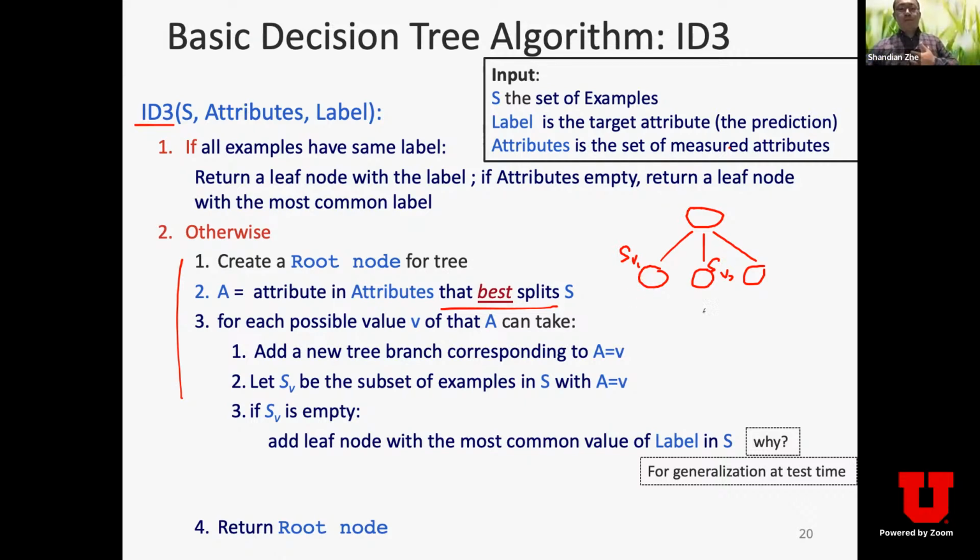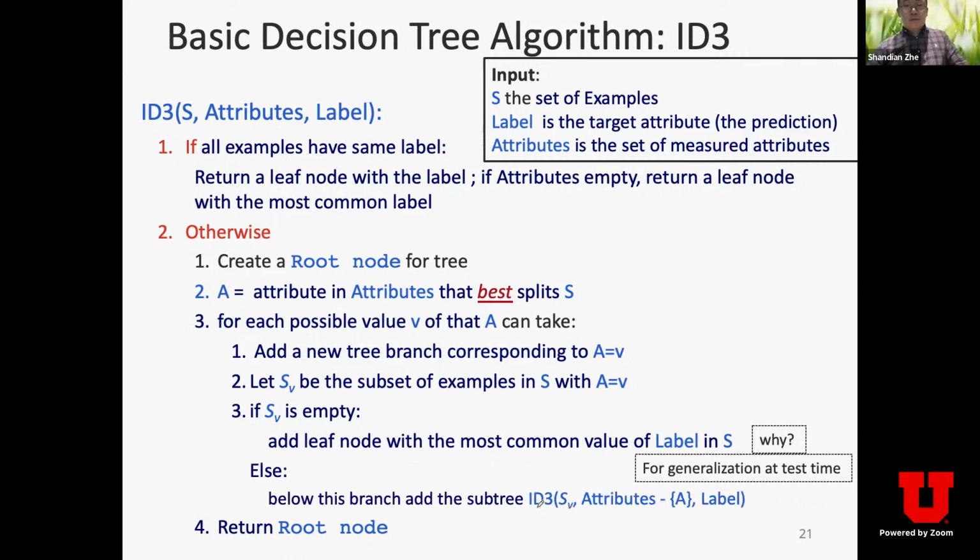And of course, if some subset like SV3 turns out to be empty, you have to create a leaf node here and give it a label, which is the most common label of the parent, so it's fine, right? And then if we take a look at SV1, if we want to further split SV1, we're going to, oh, sorry.